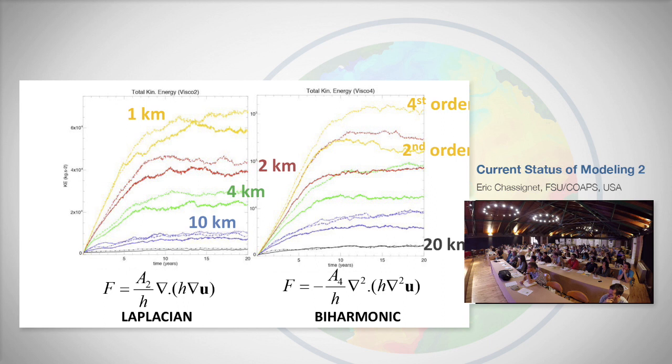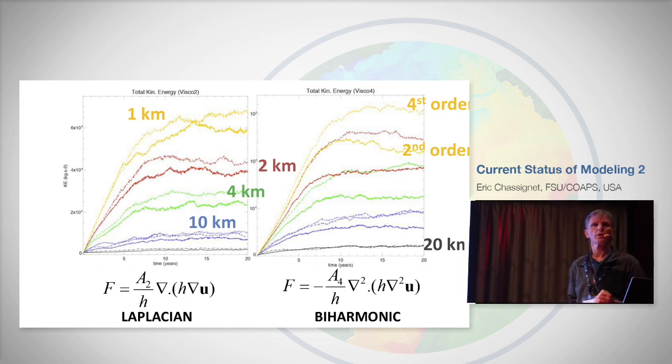But it's truly designed in this particular case to work with biharmonic. And you see that a 1 kilometer 2nd order is equivalent to a 2 kilometer 4th order. So just going to a 4th order scheme is going to increase the level of kinetic energy.